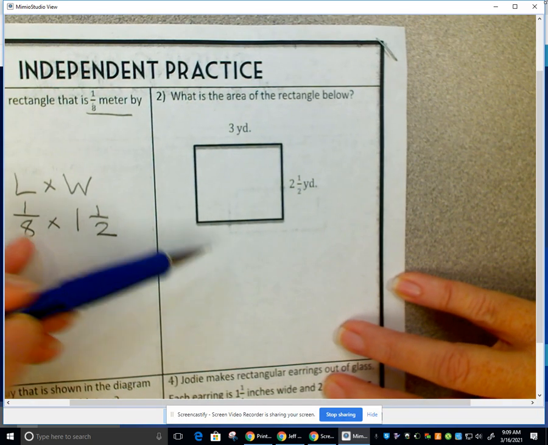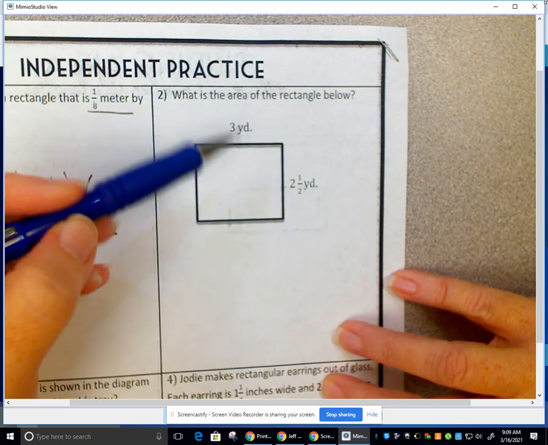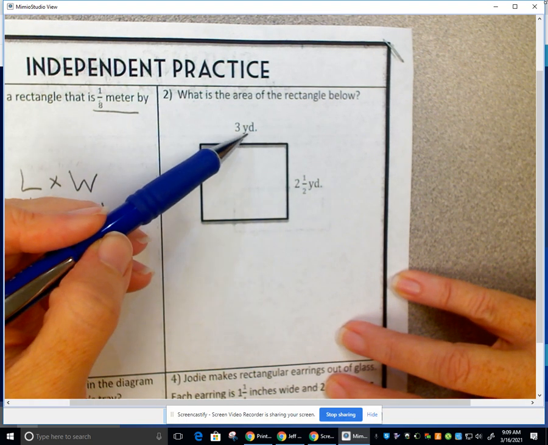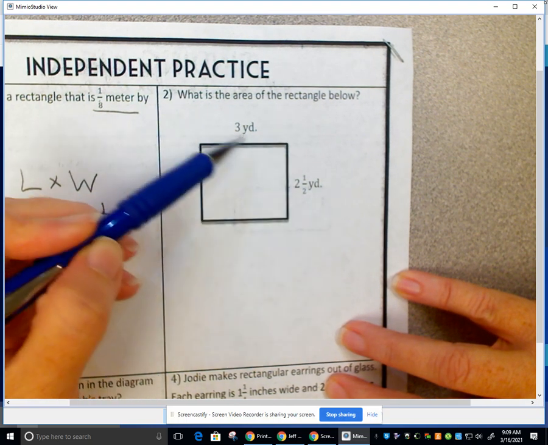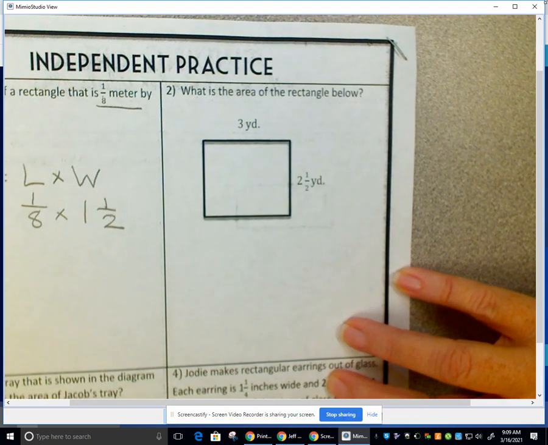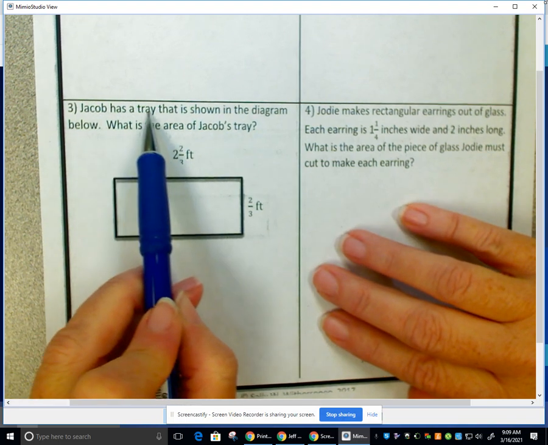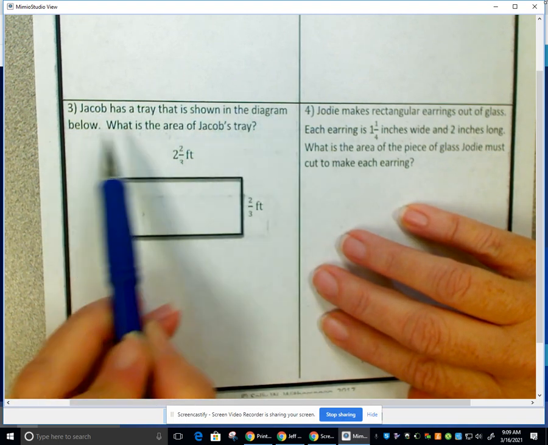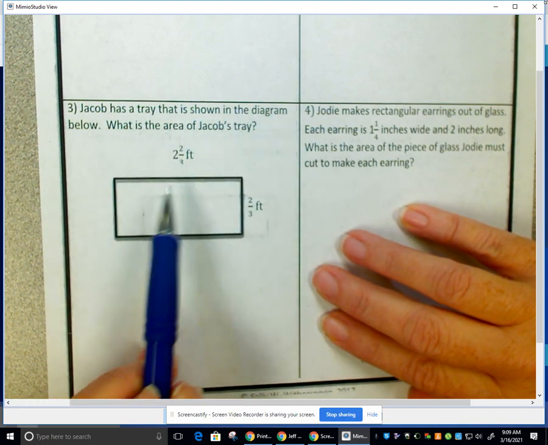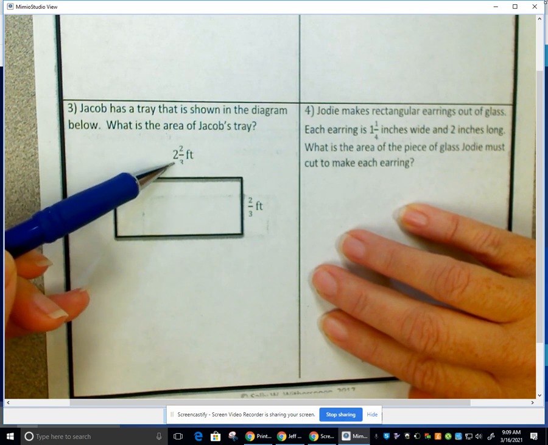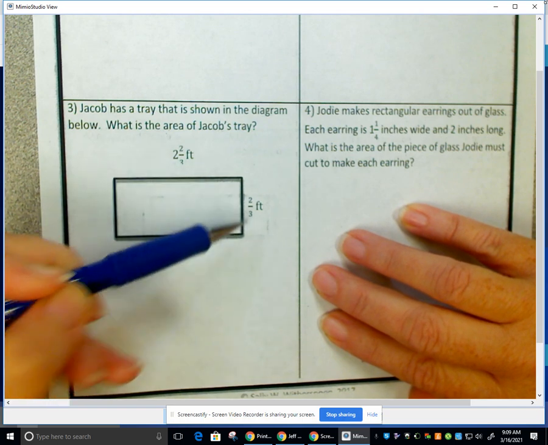Here's number 2. What is the area of the rectangle below? And they've got your dimensions here. Number 3 says Jacob has a tray that is shown in the diagram below. What is the area of Jacob's tray? This is 2 2/3 by 2/3.